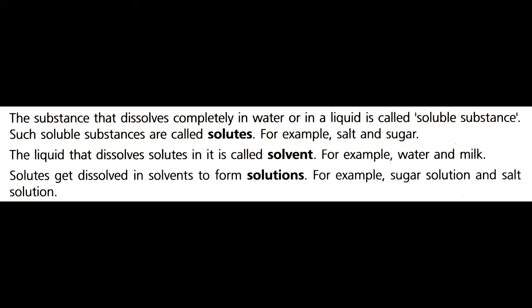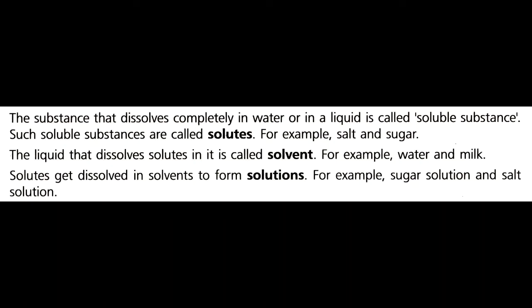And some words we also must learn. The substance that dissolves completely in water or maybe in other liquid is called the soluble substance. Such soluble substances are called solutes, like salt, like sugar. The liquid that dissolves the solute is called the solvent.